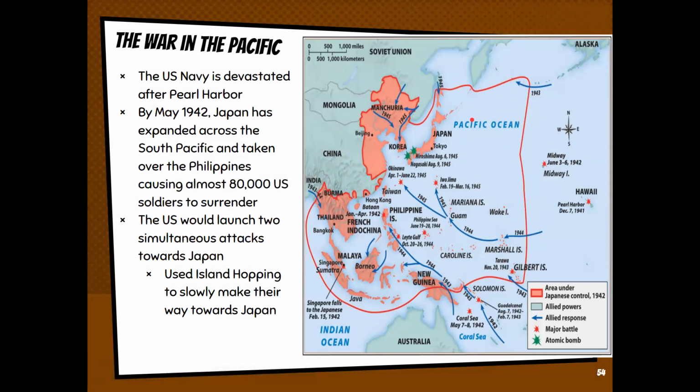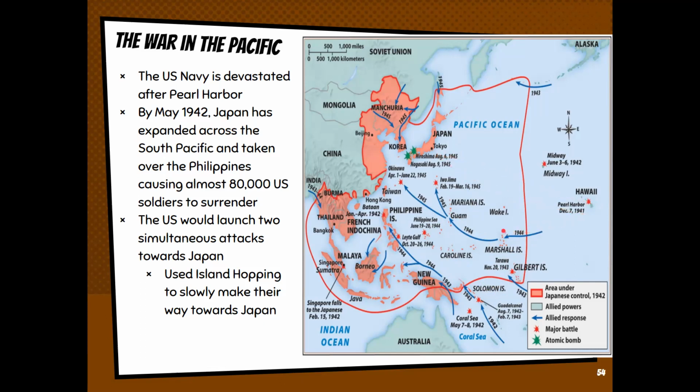And so the United States is going to launch two simultaneous attacks towards Japan. You can see them going up this way through these blue arrows and then these blue arrows. And they're using a tactic called island hopping. Make sure you write that down. Basically, you don't just take all of your men and go right towards Japan.